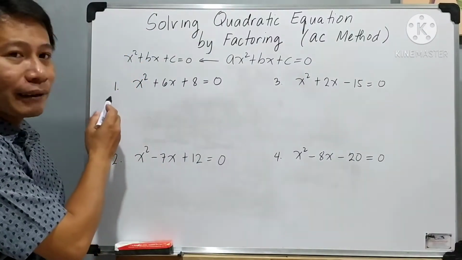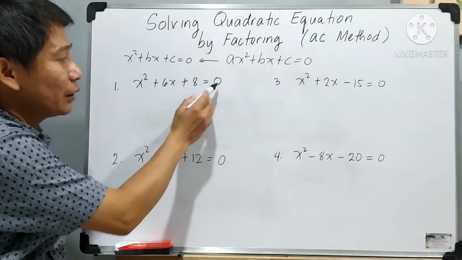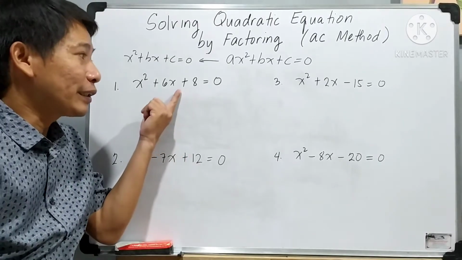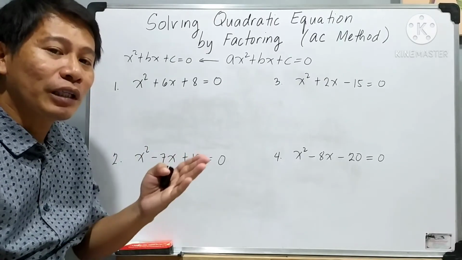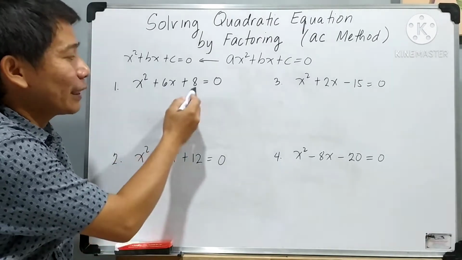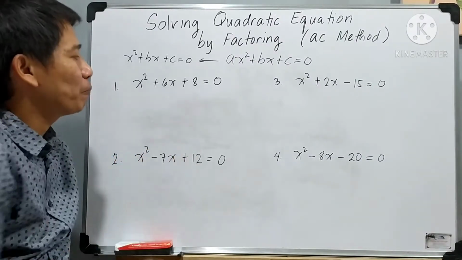So, first example natin, x squared plus 6x plus 8 equals 0. So, since nasa standard form na siya, so ang sunod natin gagawin ay ifa-factor natin itong ating left side na expression, which is x squared plus 6x plus 8.